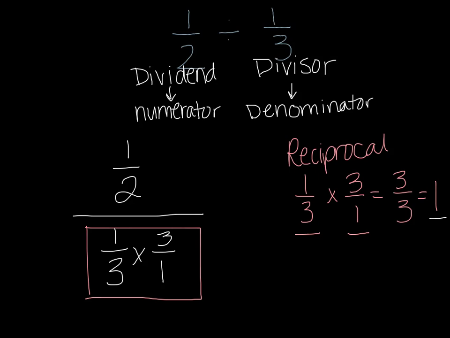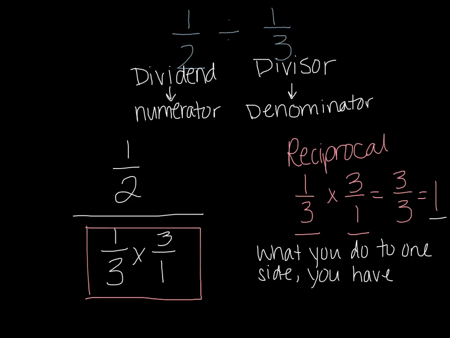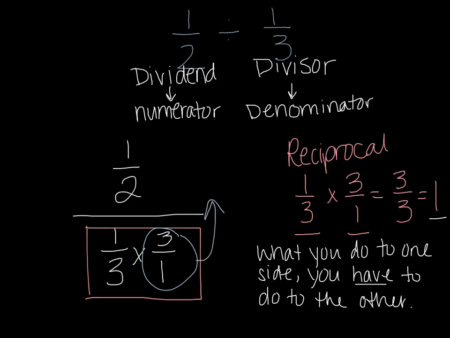Something else that I'm sure you all know is that what you do to one side you have to do to the other. This means that if I multiply the denominator by the reciprocal, I have to multiply the numerator by the same fraction.